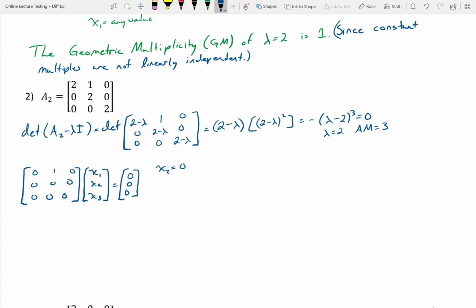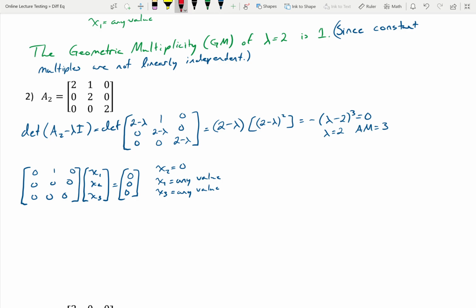With the other ones, x1 and x3, these can be any value. And here we want to make sure that they're not equal to 0, because if they're equal to 0, then we have a trivial eigenvector in that case. So we want to avoid that.